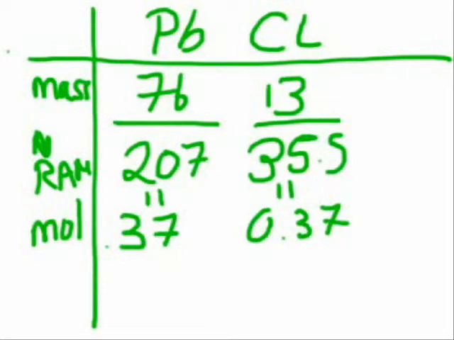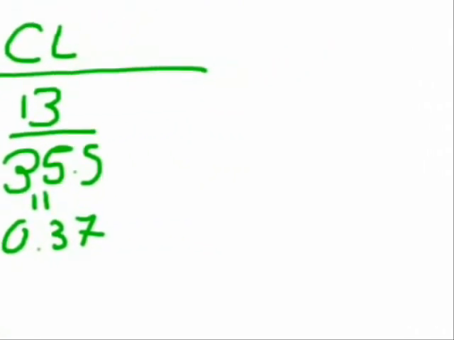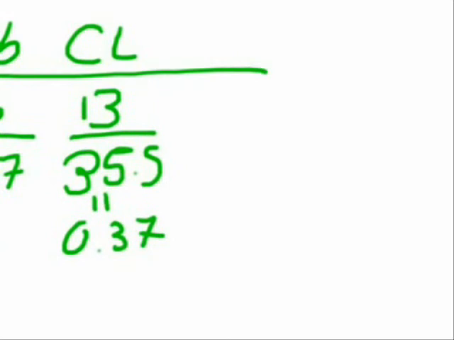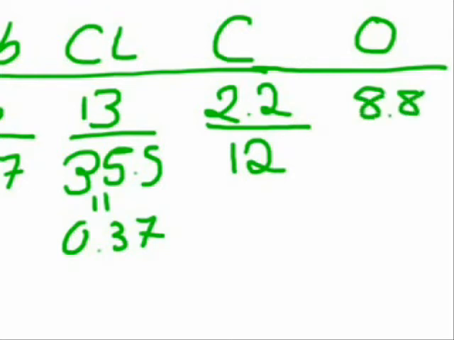What a coincidence. Suspiciously so. Now I have to do the same thing. Be sure to follow, or cut back in the video to track what I'm doing. We're doing carbon now. We had 2.2 grams, we divide it by its relative atomic mass, which is 12. And for oxygen, we'll do 8.8 grams and divide it by its relative atomic mass, which is 32.